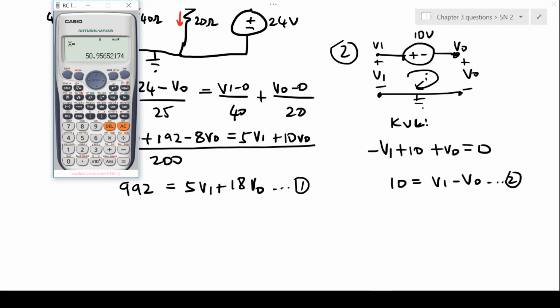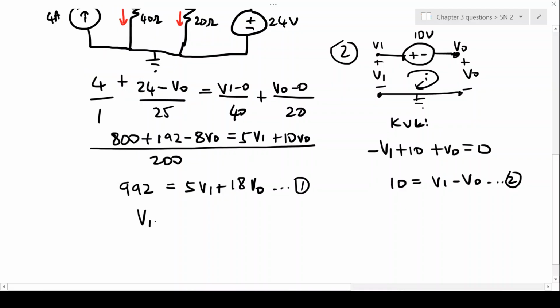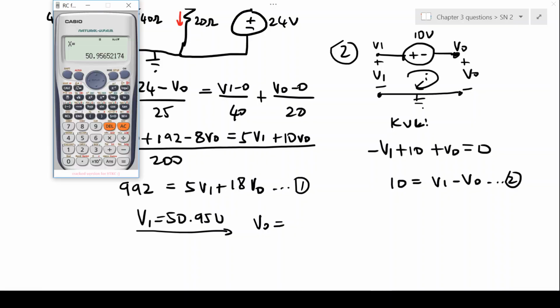This gives us a value of V1 as 50.95 and a value of V0 of 40.95 volts.